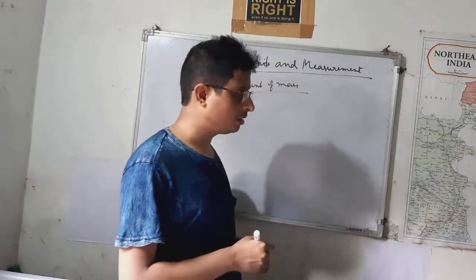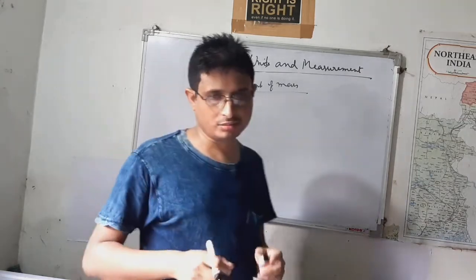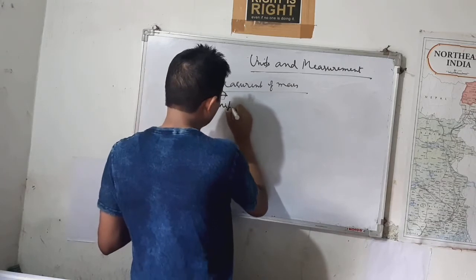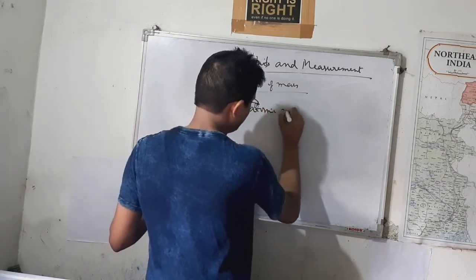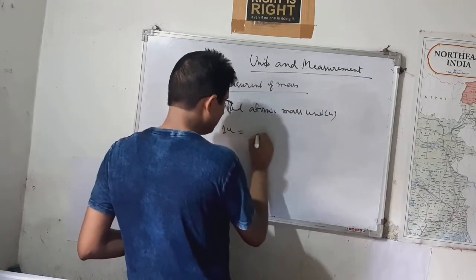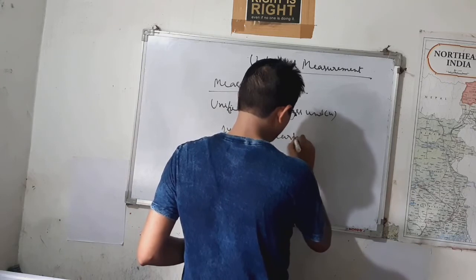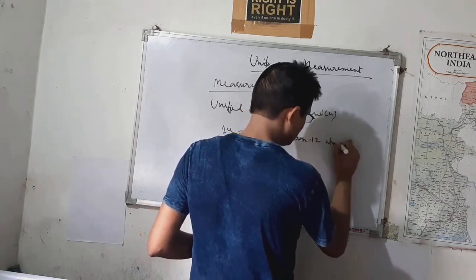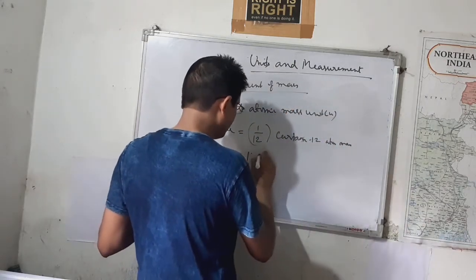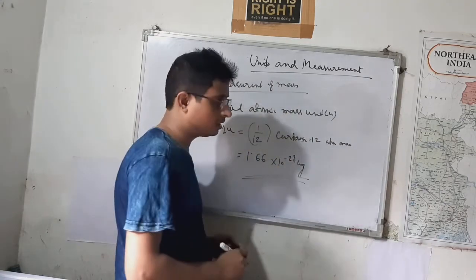In general, at the atomic level, you can measure mass by a unit known as the unified atomic mass unit, U. 1 U is equal to 1 by 12 of the carbon 12 atom mass, which is approximately equal to 1.66 into 10 to the power minus 27 kilogram, 1.667 actually.